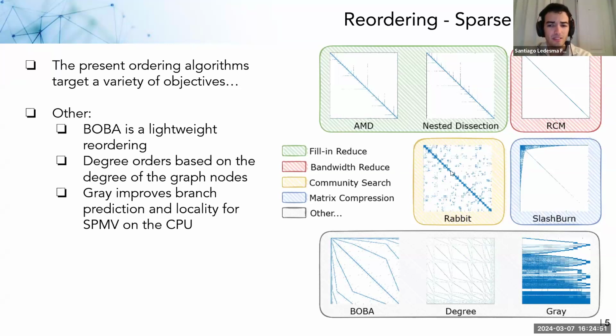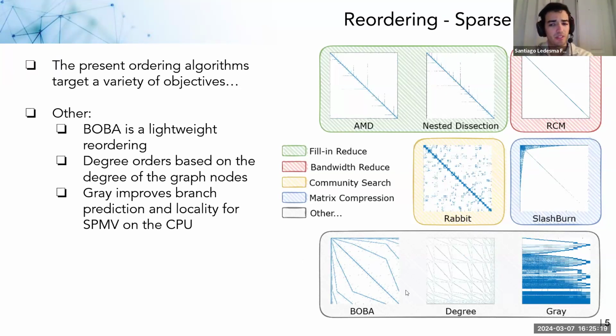And what Rabbit does, it searches communities that are present in the graph, and it puts together the rows and columns that belong to that same community. Then we have Slashburn, that is a matrix compression algorithm, and what it does, it compresses the non-zeros closer together. Rabbit creates a more diagonal block kind of matrix.